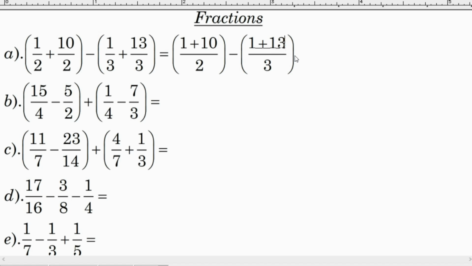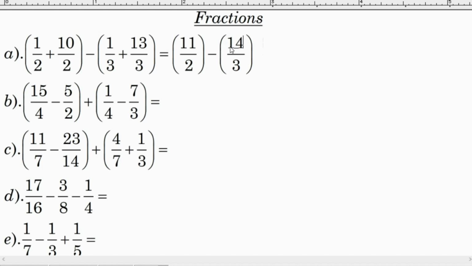Okay, so here we add 1 plus 10, which is equal to 11, and then here equal to 14. So now as we can see, we have only this and then we have only this.